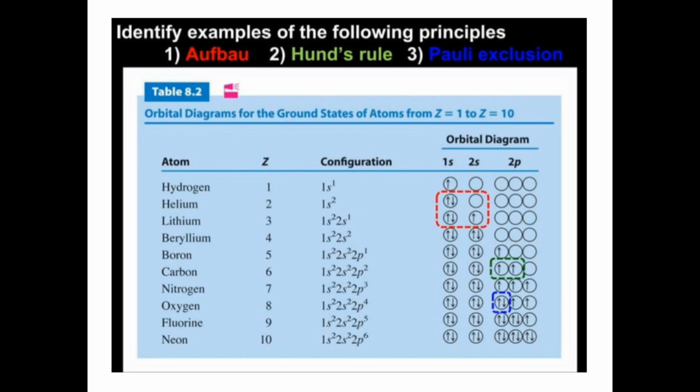So you fill 1s2, you fill 2s2, then the 2p. In this case, you don't fill the first box as 2p2, because 2p has three orbitals. Each orbital can take a maximum of 2. So you have to fill them singly first, one, one, which means it's having an empty one.